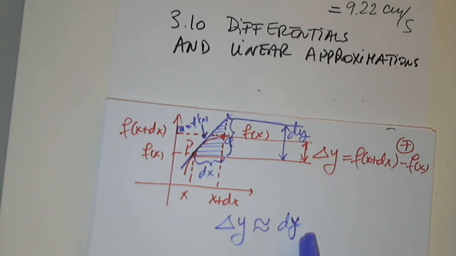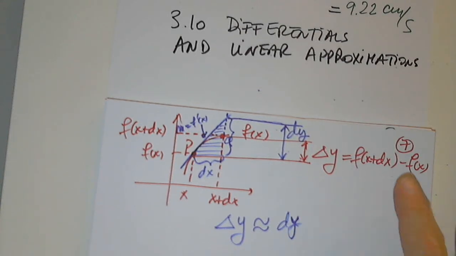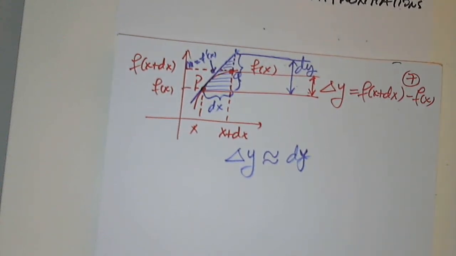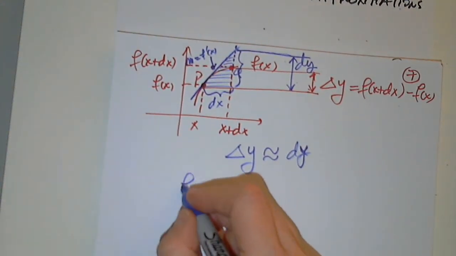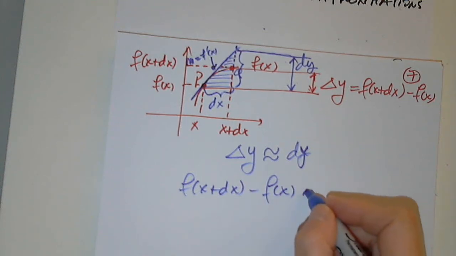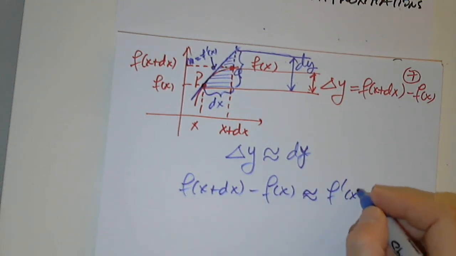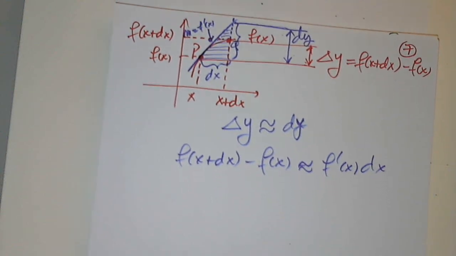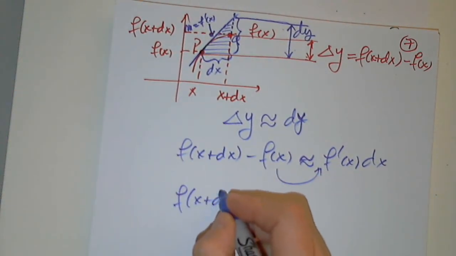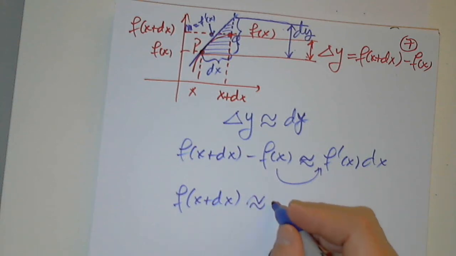This side is determined with the derivative. So now I will copy this here, and I will copy what dy is equal to. So this is f of x plus dx minus f of x is approximately f prime of x dx. And therefore, I will move f of x to the other side. This is exactly what we did last time, nothing new for now.